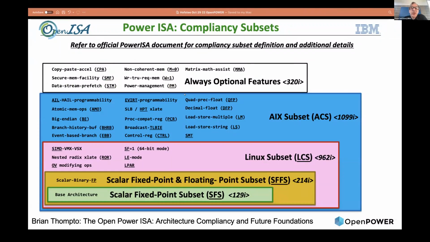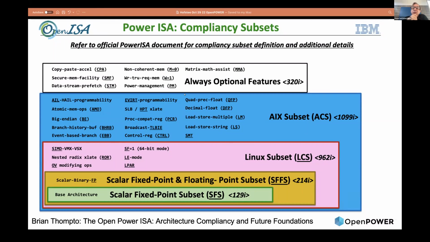So here is a little bit more detail. I'm not going to go over all of this, but just to give you an idea what is in these different levels. So the scalar fixed point subset is pretty much what you would expect for a basic RISC microprocessor. The floating point also is fairly straightforward, right? Adding the floating point instructions. The Linux subset, as I just explained, adds these SIMD instructions, VMX, VSX instructions.